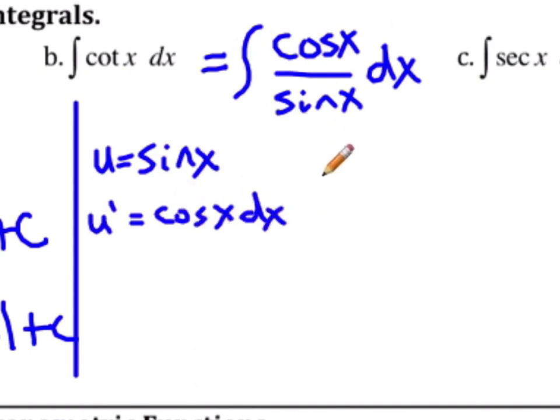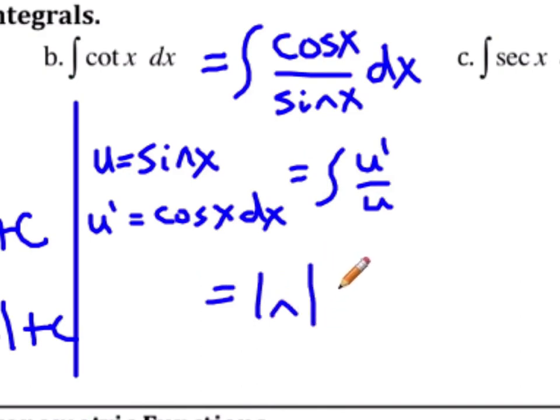And so if I look at this one, I already have it in the form of u prime over u because we have cosine x. And so we know that this is just going to be the natural log of the absolute value of sine x plus c. Okay, so the integral of cotangent x is the natural log of sine x.